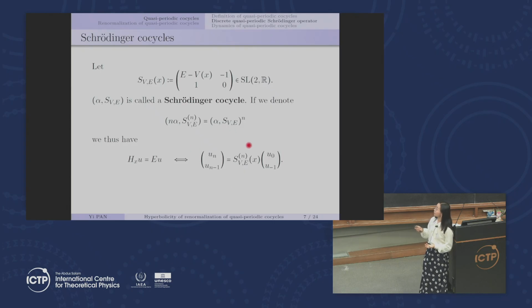Then for this cocycle, when we iterate, the second coordinate tells us that from the initial condition u_0 and u_{-1}, multiplying by it already provides u_n and u_{n-1}. So the dynamics provides everything about the spectrum.